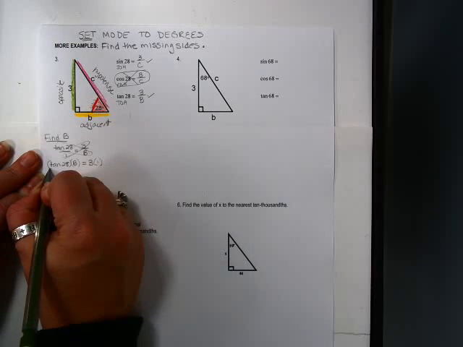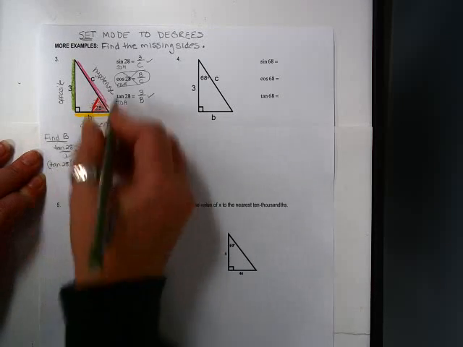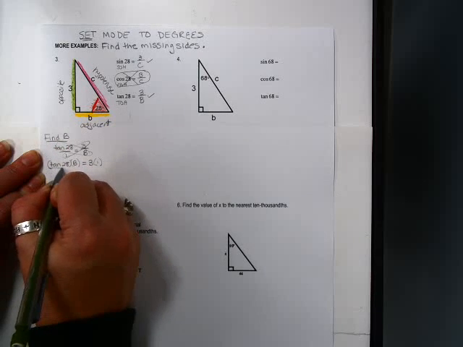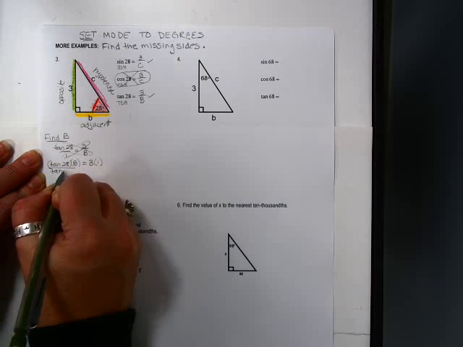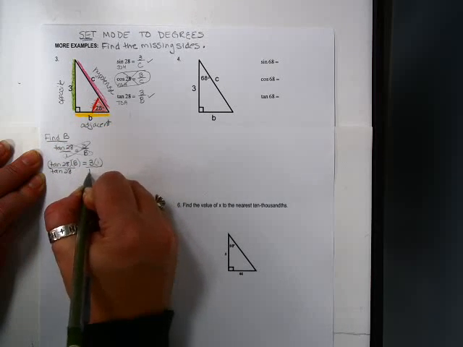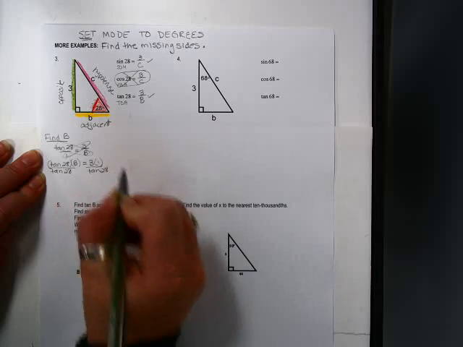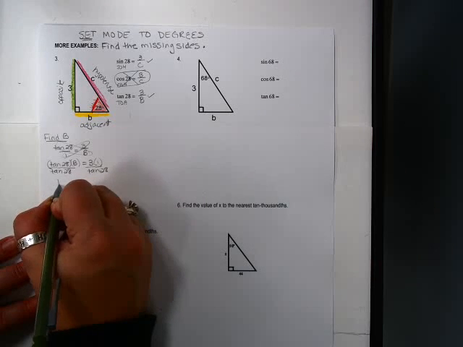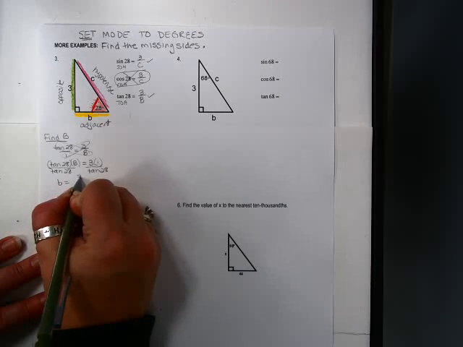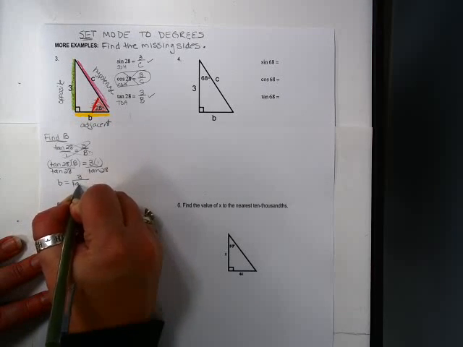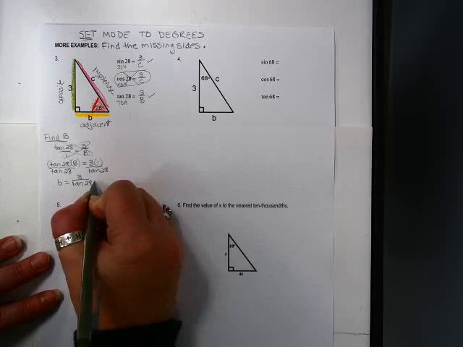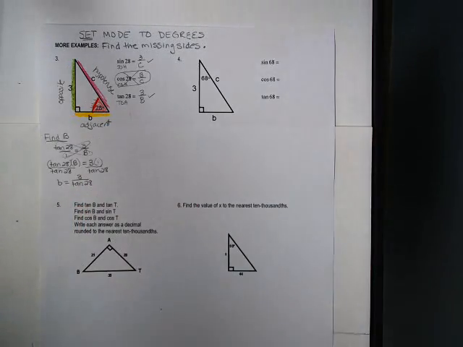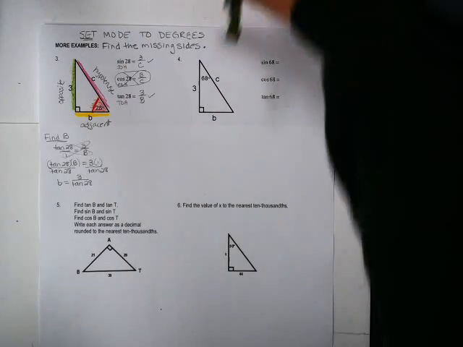Now, I'm going to divide. I want to get B by itself. I want to find out the length of B. So I'm going to divide by tangent 28. Okay? So that means that when I punch 3 divided by tangent 28 into my calculator, then I will know the length of that side.